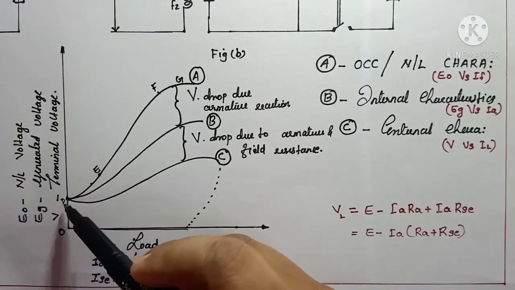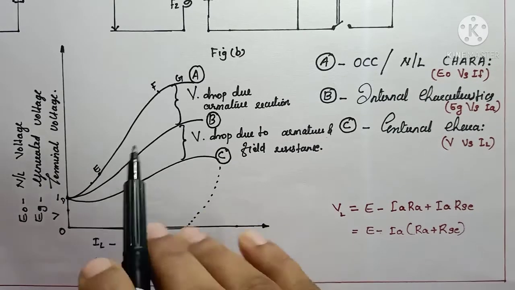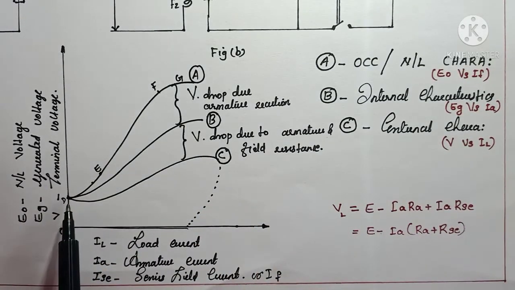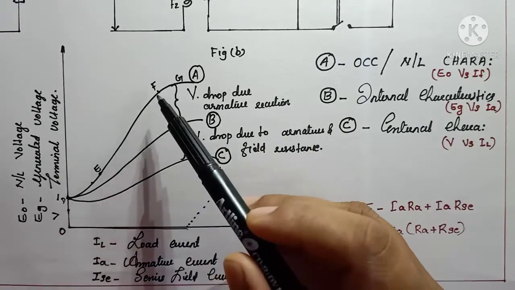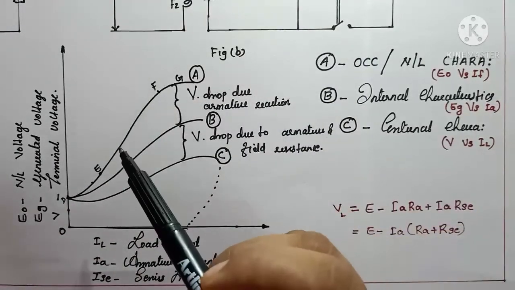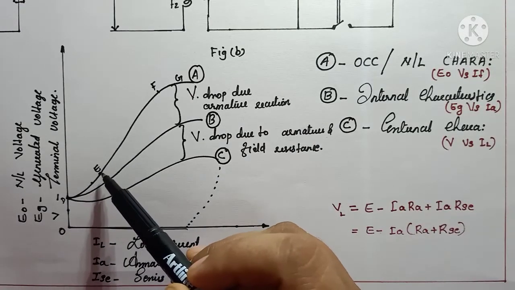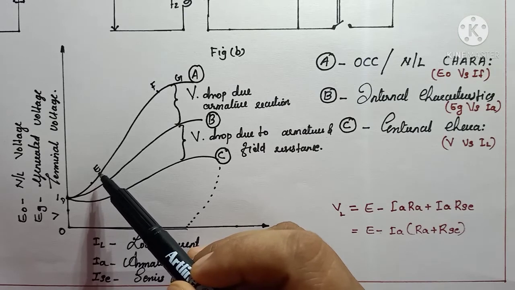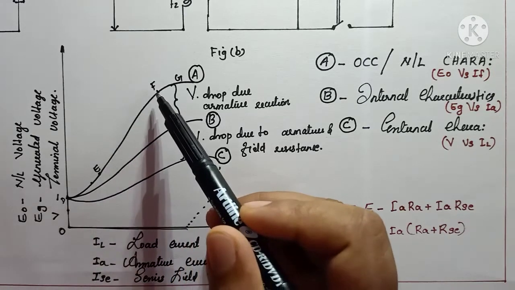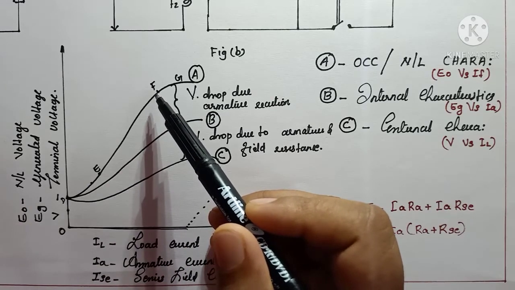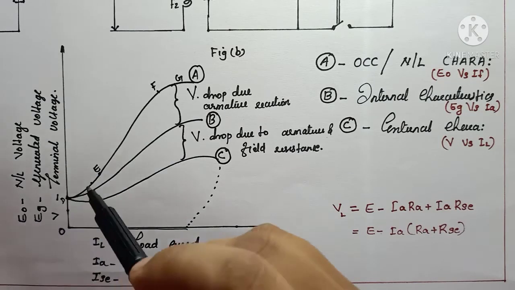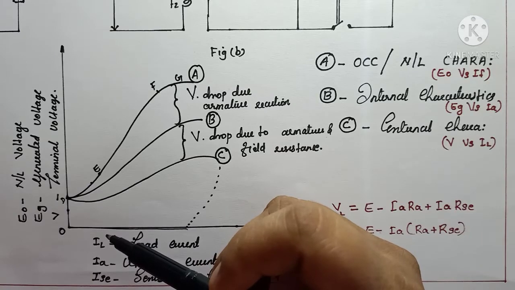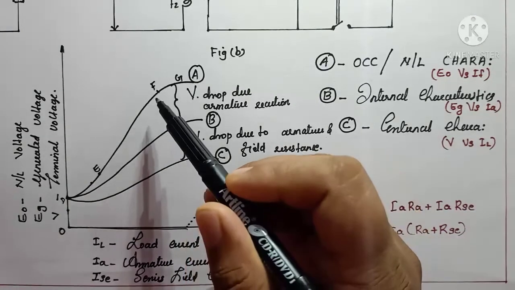Due to the residual magnetism, the generated voltage will not start exactly from 0, but from the point D, and the path will be D, E, F, G. From the point D, we can note that the graph is linear up to the point F, because a rise in field current increases the production of EMF in the armature, and the magnetic reluctance is negligible up to the point F.